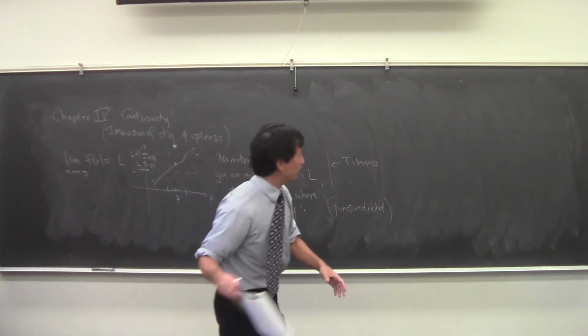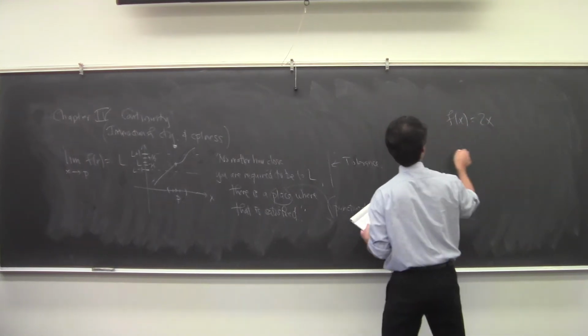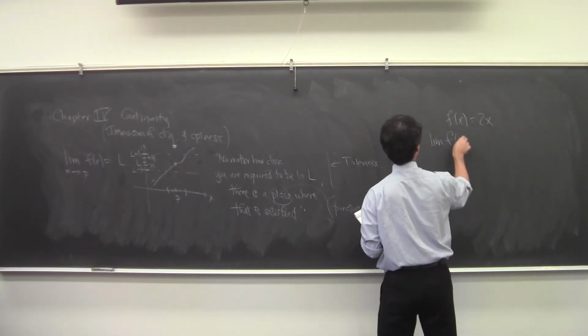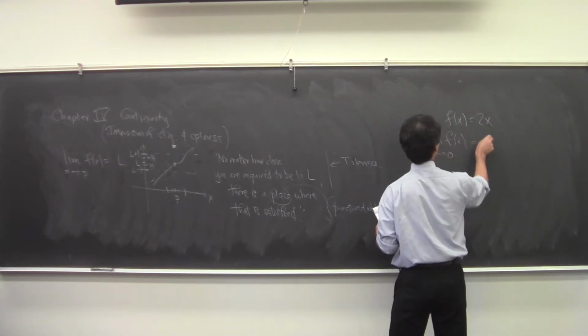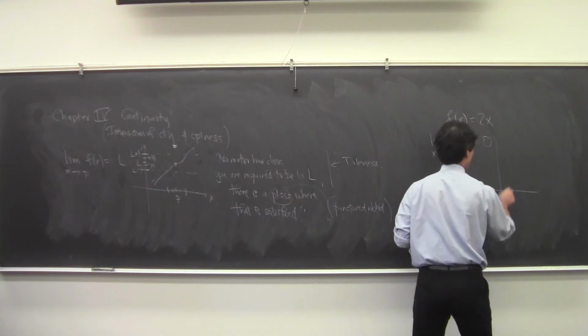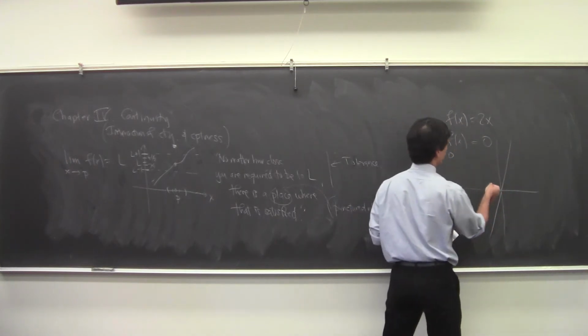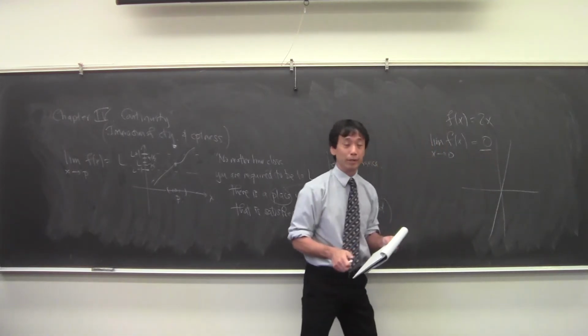Let me make it even more concrete. f of x is 2x. The limit of f of x as x approaches 0 is 0, of course. You've got this function f of x equals 2x, and I'm saying that the limit of f of x is 0 as you approach 0.